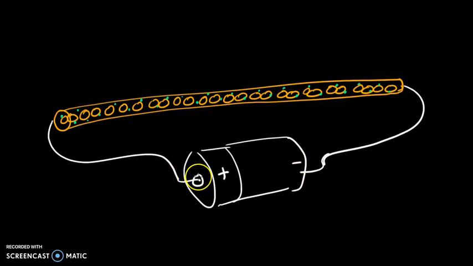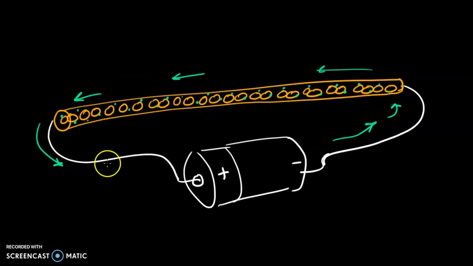Now remember those charges on those electrons? The electrons have a negative charge. Likes repel, opposites attract. So those electrons are going to be pushed away from the negative charge on that end of the battery, and they're going to be attracted towards the positive charge on the other end of the battery.